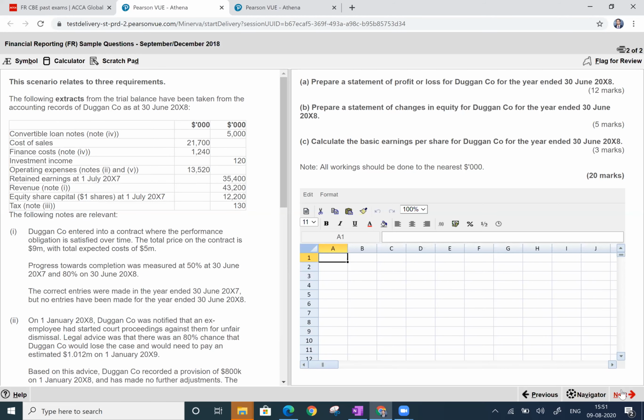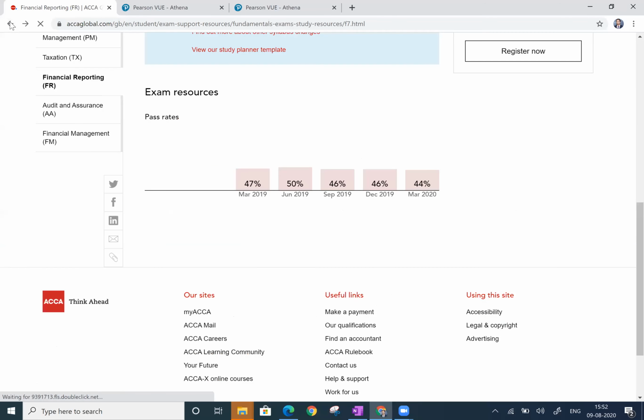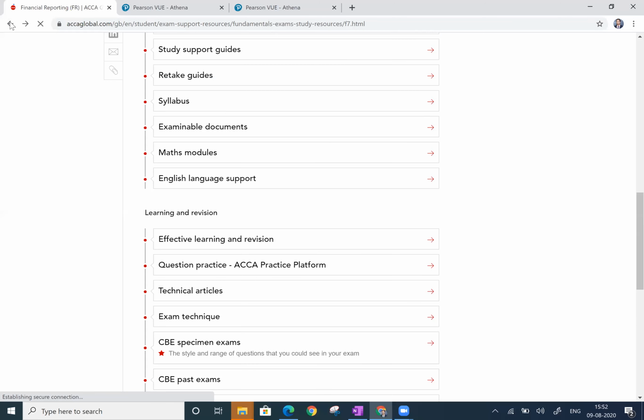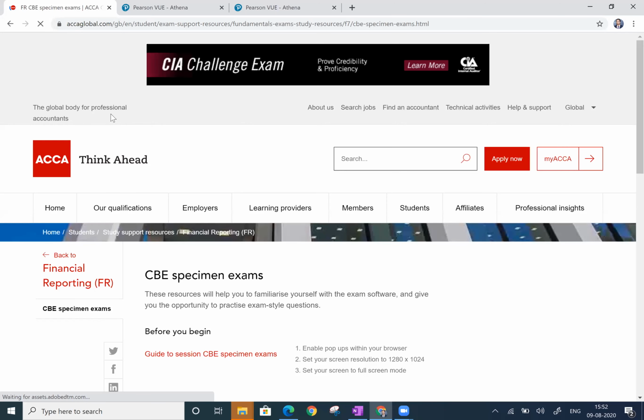Since it is a very big question, let me check if there are any small questions mentioned in the examiner's report. Since it is a very big question, it will require a bit of time. There is one more question which the examiner has stated to practice. It is given in the specimen exam.